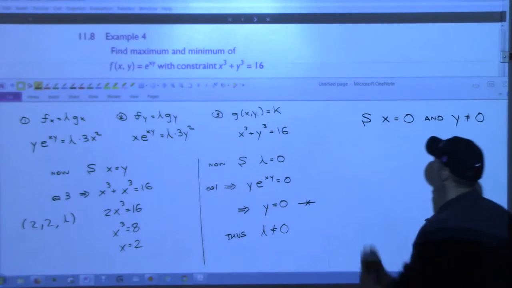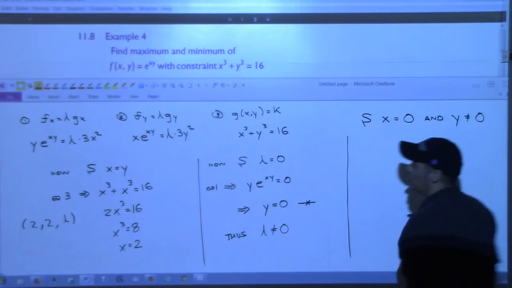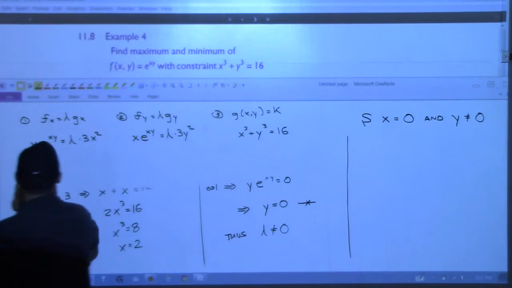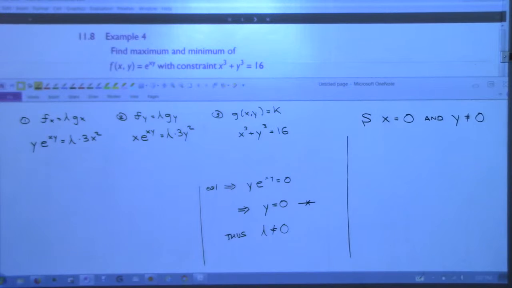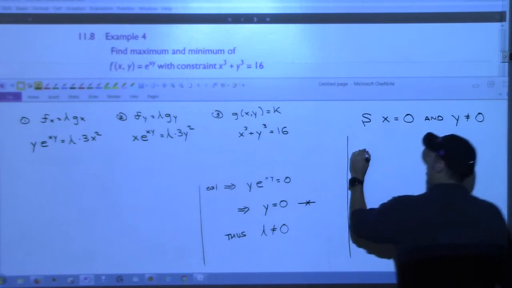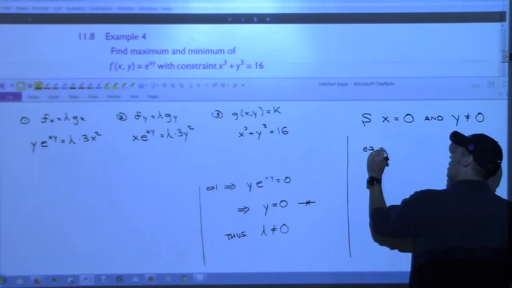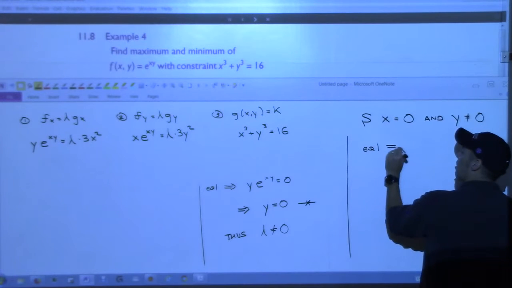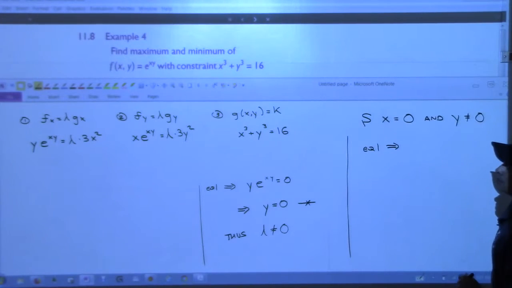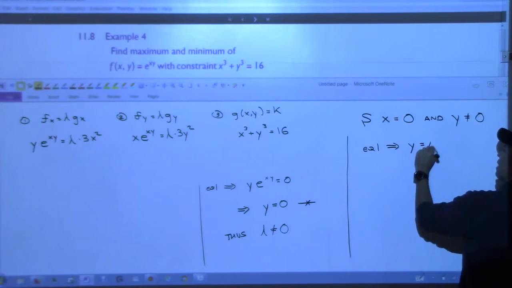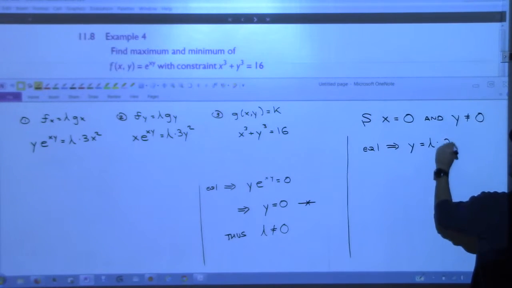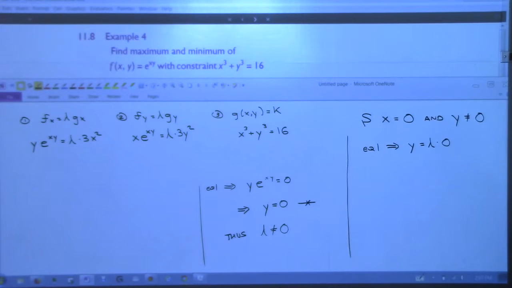So what if x is 0? What happens? If x is 0, is my first equation true? What does equation 1 tell me? If x is 0, that would mean y equals lambda times 0, which means y would be 0, wouldn't it?